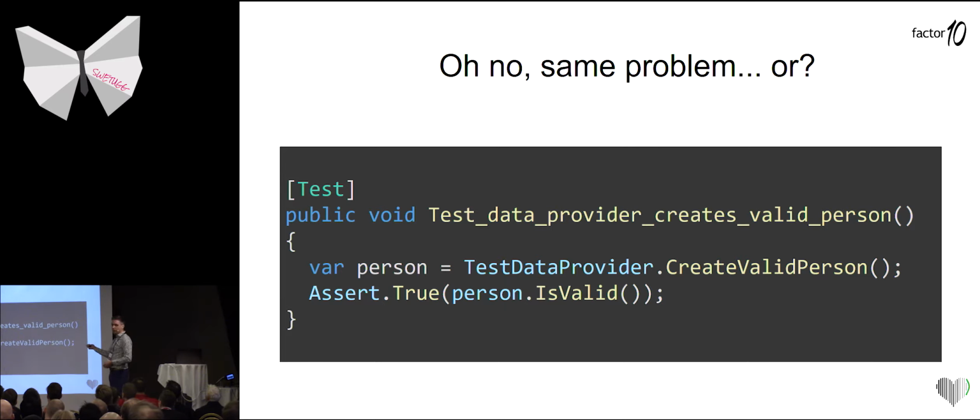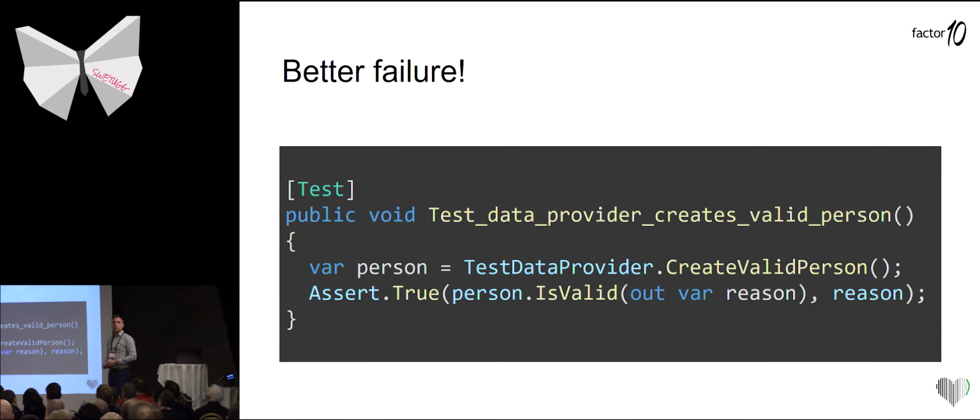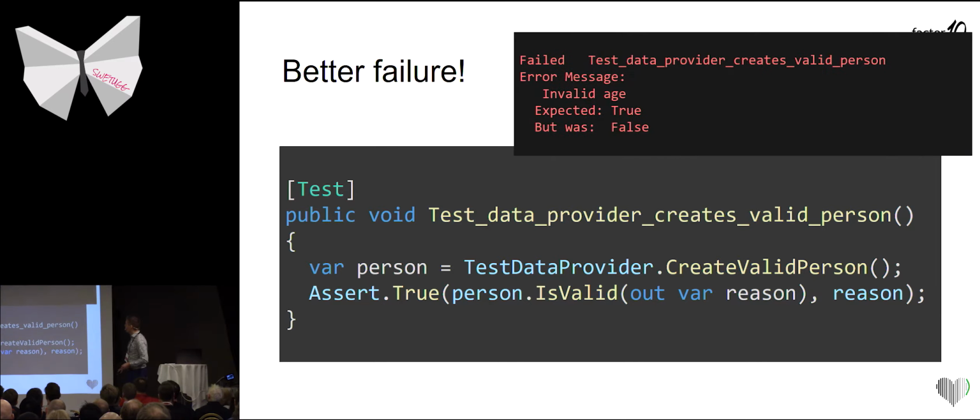So what I did was just add an out parameter to isValid. So isValid actually returns true or false, but it also provides information about the reason in case it's not valid. And then I can just put that reason as the last parameter to assert true, and all of a sudden I still get expected true to be false, but I also see invalid age.